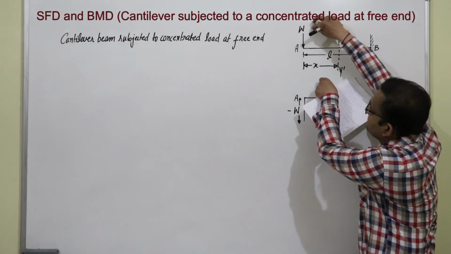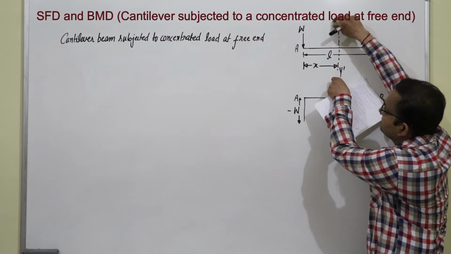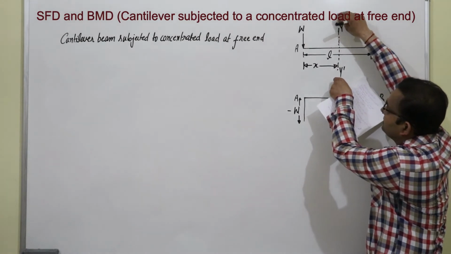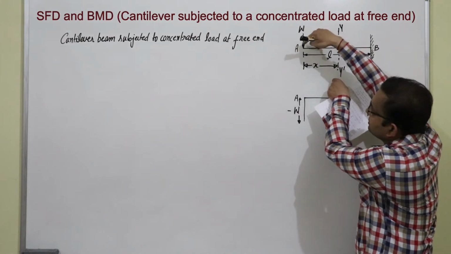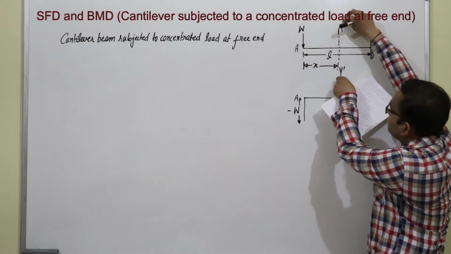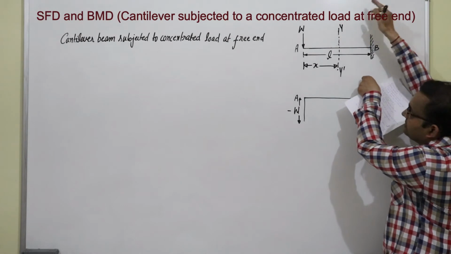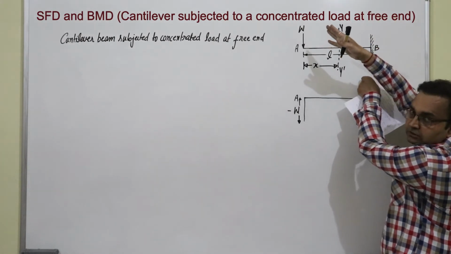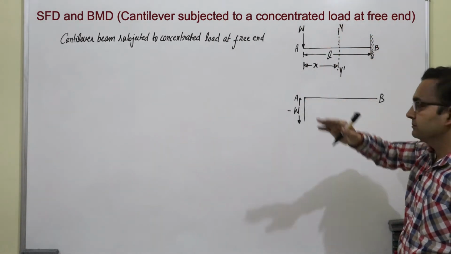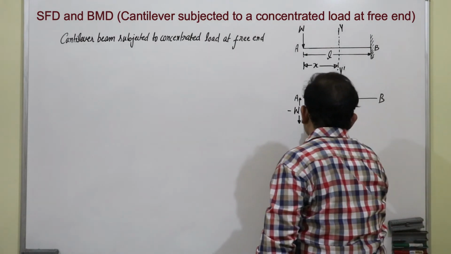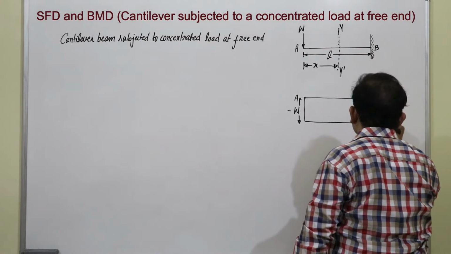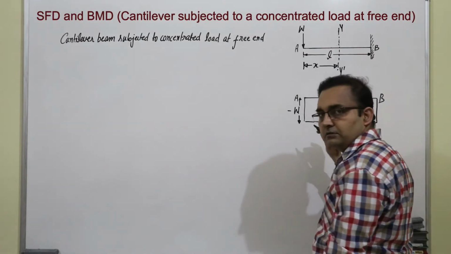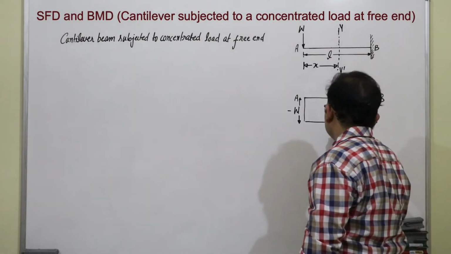Now, we will slide this section to this side. Suppose at this position, if we look towards the left side, there is force W. If the section is moved to this portion, then force is W. So, there is no change in force. So, it will come like this, a straight line. So, this is the shear force diagram.